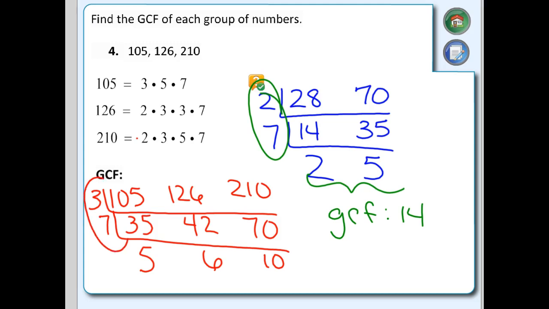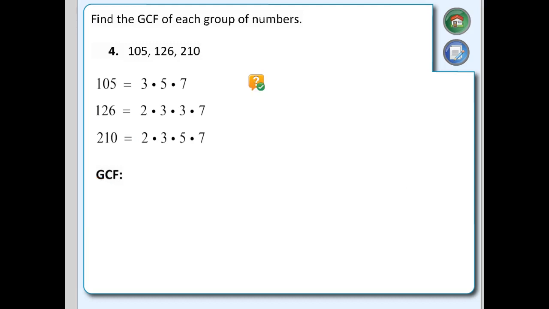So again, we've got 3 times 7, which is 21. So let's go back up here and look at this. When I look here then, 3 is common to all 3. 7 is common to all 3, so we end up with 3 times 7, which equals 21.